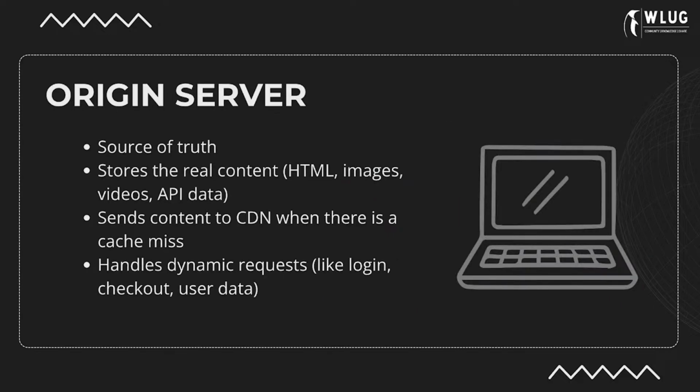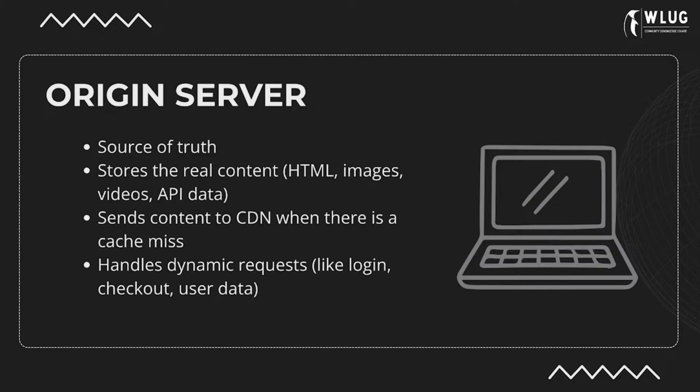So, firstly, the origin server. This is often known as the source of truth. Now, why is it known as the source of truth? This is because it always has the latest version of all the data or files. And any updates that you make will be reflected on this server first. So, to understand this, let's go back to our portfolio example.